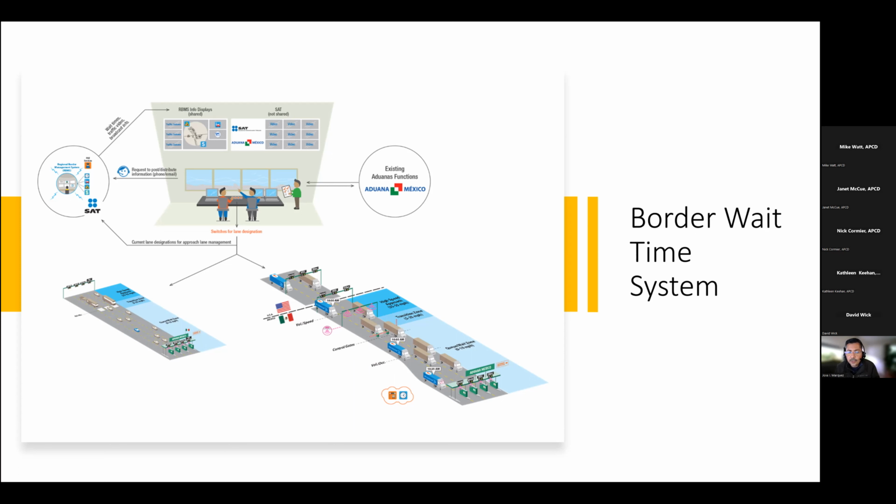So we're deploying a system of Wi-Fi readers where we can actually determine the extent of the border delays for both passenger vehicles and commercial vehicles. The idea is to have this system at all ports of entry and provide this information for northbound and southbound, and for both passenger vehicles and commercial vehicles.